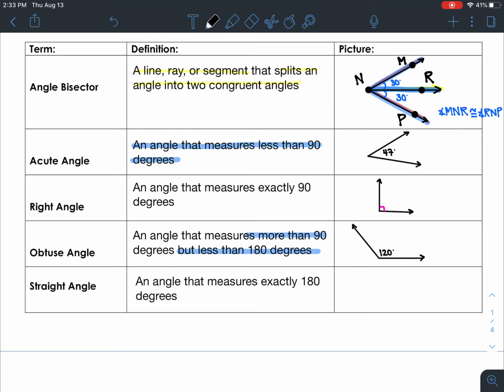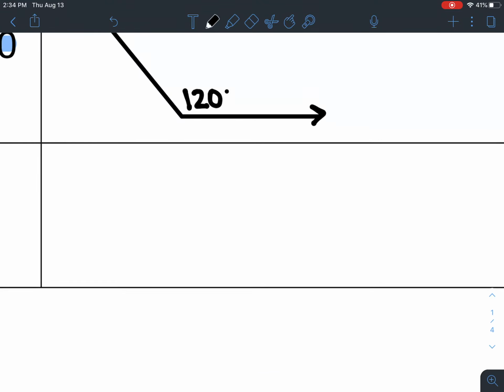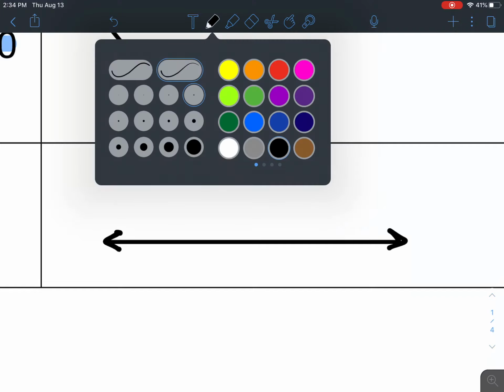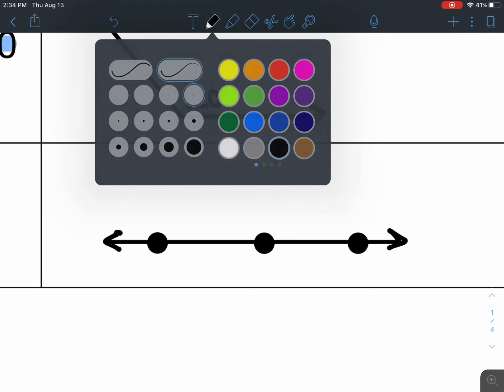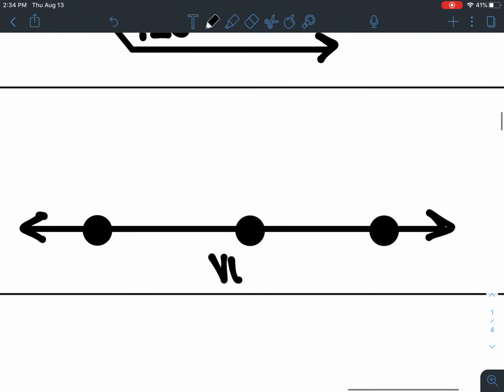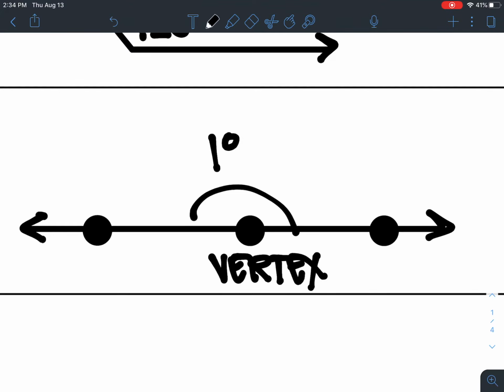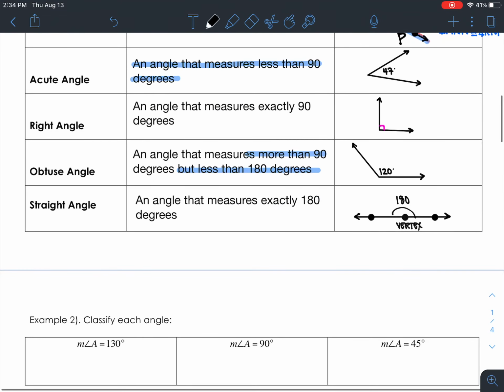And then the last one is an angle that measures exactly 180 degrees. What that looks like is actually just a straight line. Remember, it is still an angle, so we're going to put 3 points on there, and the middle point is actually the vertex of that angle. This full angle right here is 180 degrees. So a straight angle measures 180 degrees.